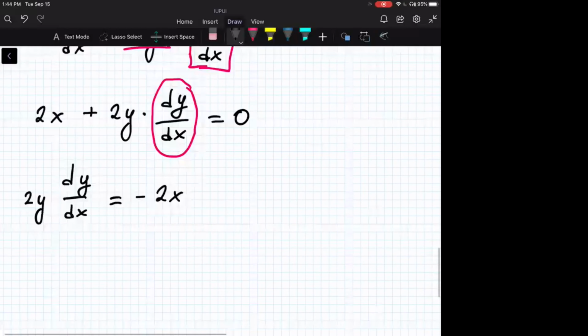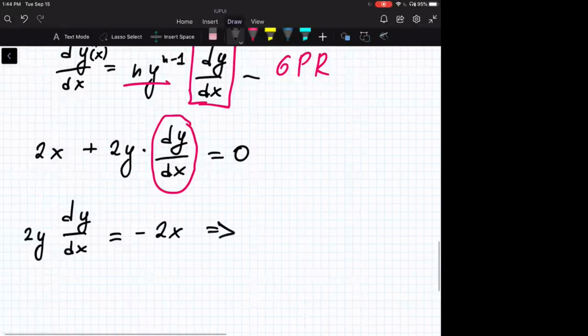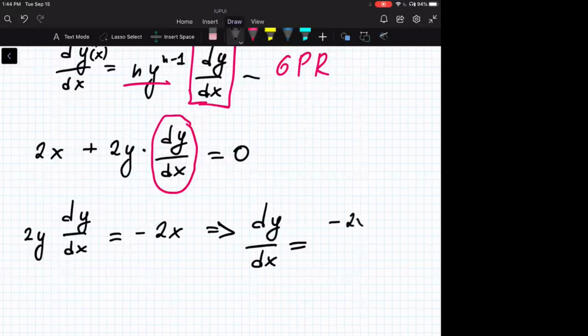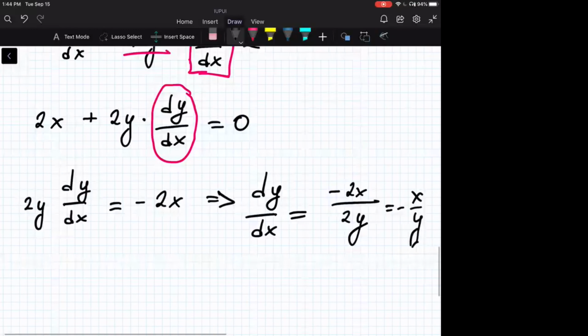And then dy over dx thus will be minus 2x over 2y, or just minus x over y. So what we got, the derivative of the equation of the circle, is equal to minus x over y.